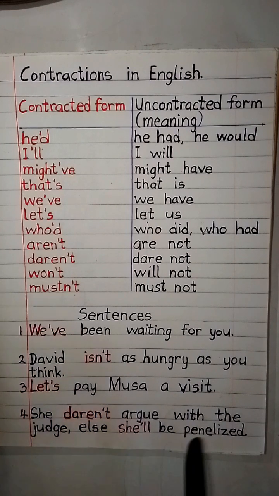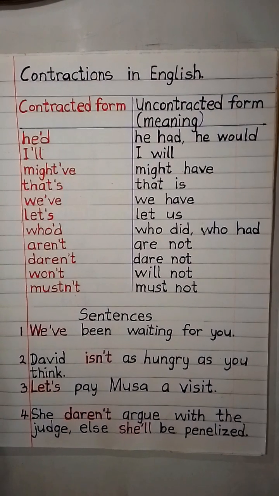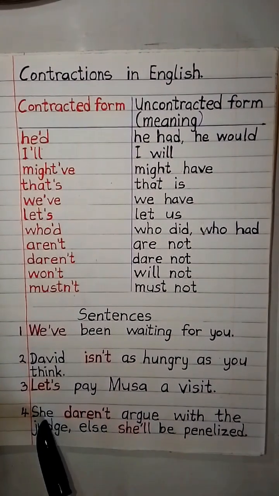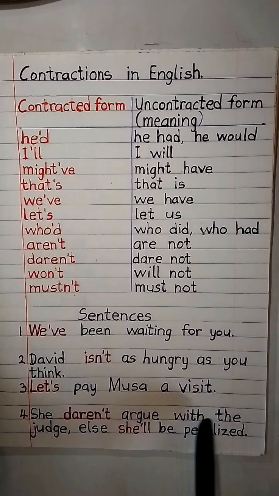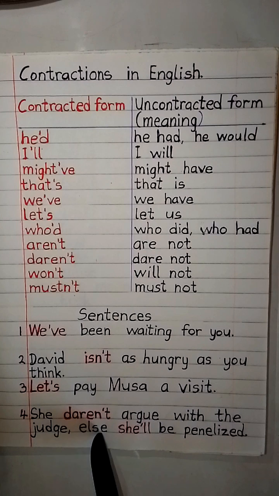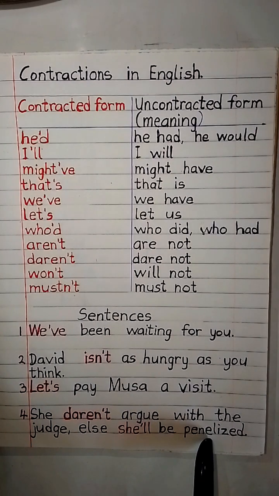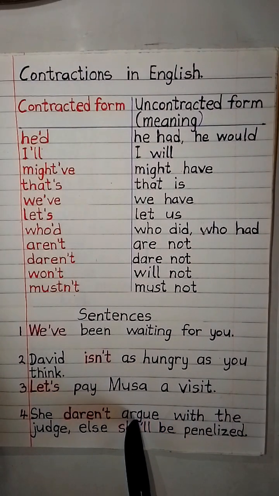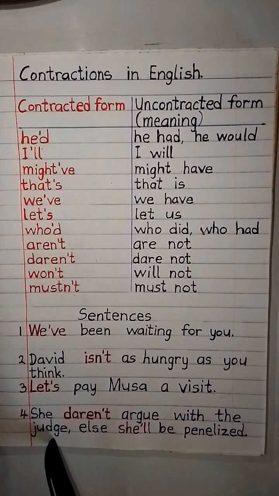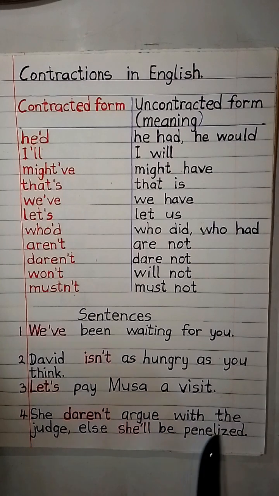And we also have she'll, meaning she will. So let's take it in the uncontracted form. She dare not argue with the judge, else she will be penalized. So let me take the contracted form again. She daren't argue with the judge, else she'll be penalized.